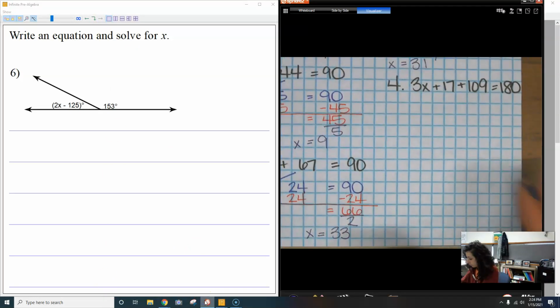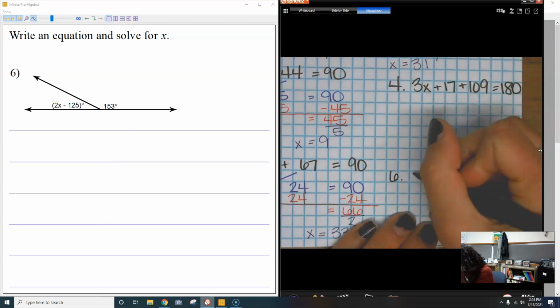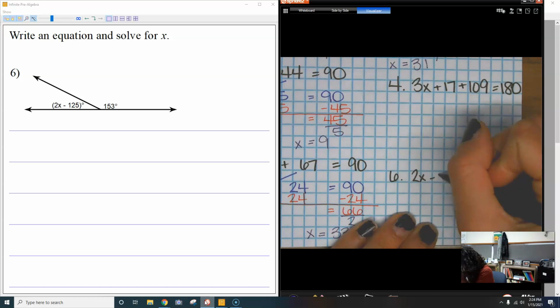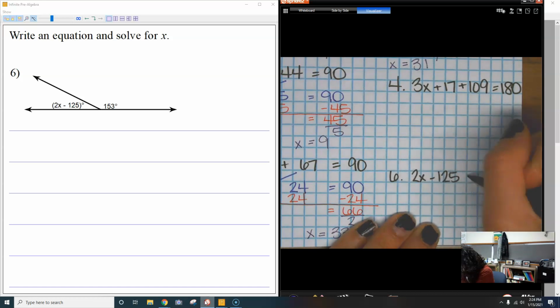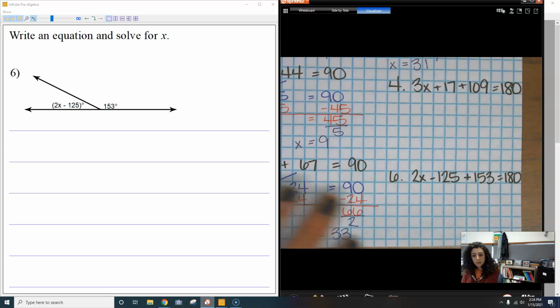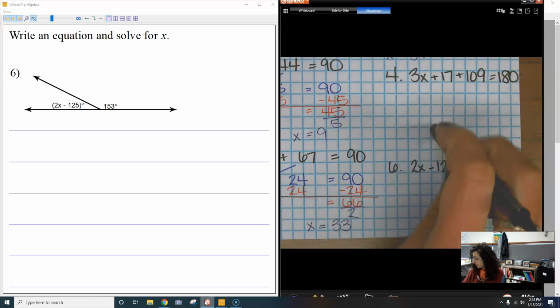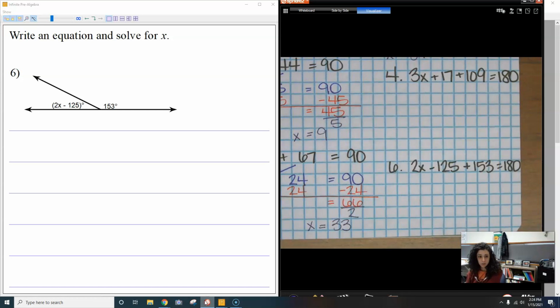I'm going to write it right here. Number 6 is 2x minus 125 plus 153 equals 180. What I would like you to do is solve those 2 equations on your own. And when you come to class, I will ask to see the answers to those too.